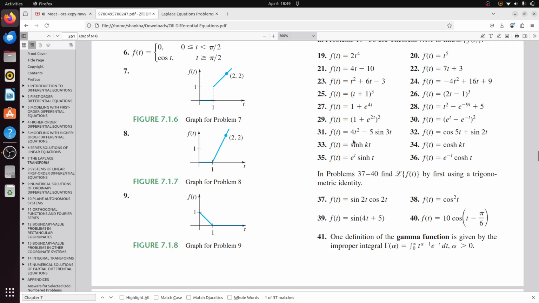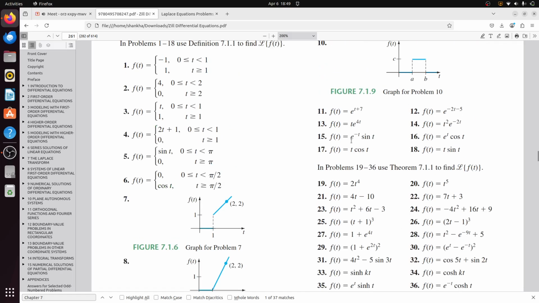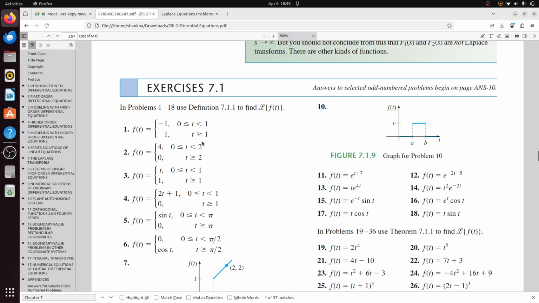Next there are many problems, like this step function, this is -1, this is 1, e^t plus 7, this sort of integrations. I will leave this as an exercise.